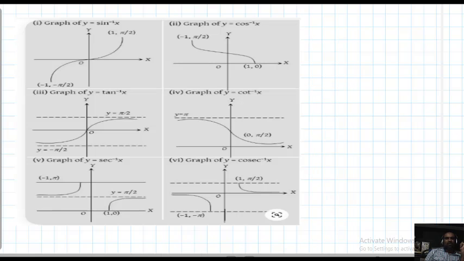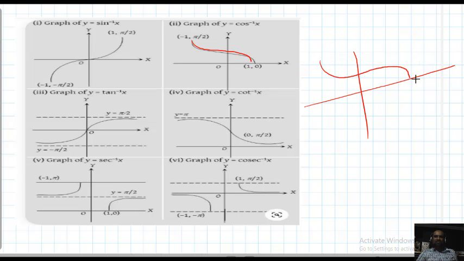So what will we get? This is the graph. So remember this, x axis, y axis. This is 1, this is minus 1, this is 0, this is pi. In this way, we need to remember it now.